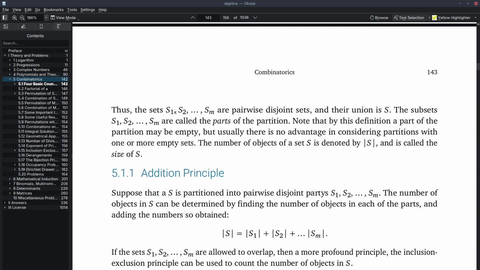Thus the sets S1, S2, S3 are pairwise disjoint sets, and their union is S. The subsets S1, S2 through Sm are called the parts of the partition.